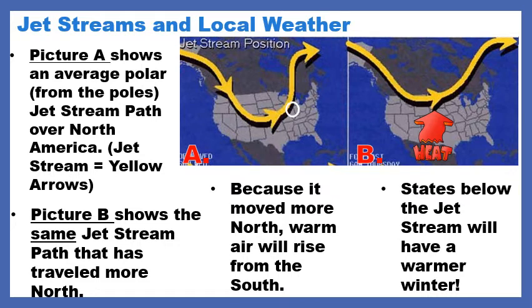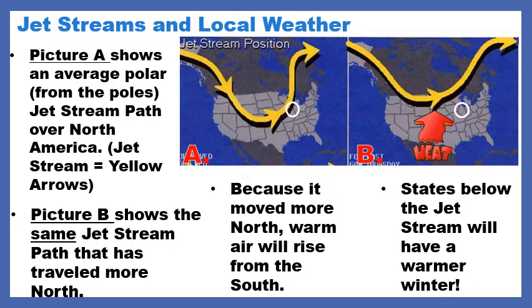So let's go back to picture A, and I put a white circle where the city of Chicago and the state of Illinois is. And what do you know about Chicago? It's the windy city. It can be really, really cold, almost as cold as Buffalo. But if the jet stream looked like picture B, you're going to notice that Chicago is no longer right on the polar jet stream.